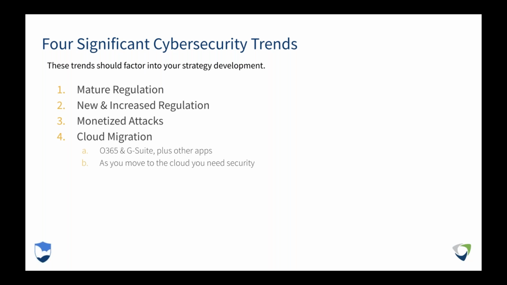That's their key driver. Gone are the days of people just trying to compromise information and data for bragging rights, the attackers are here to make some money off our data. And lastly, because of just growth in general in the mortgage industry, we're seeing a lot of demand and migration to cloud services such as Microsoft's Office 365, as well as Google's G Suite.